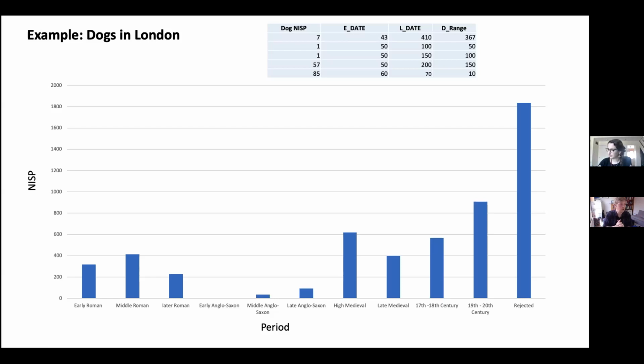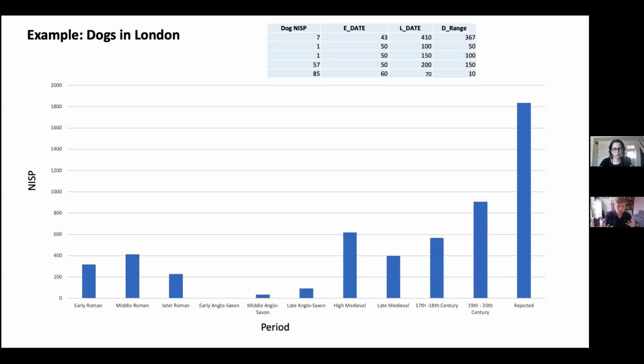You get some deposits that have really tightly defined date ranges, such as the 85 dog bones that have just got an early date and a later date of 60 to 70 AD. Great. But you get others where the date range is Roman or medieval, which makes it much, much more problematic to then incorporate into your data.